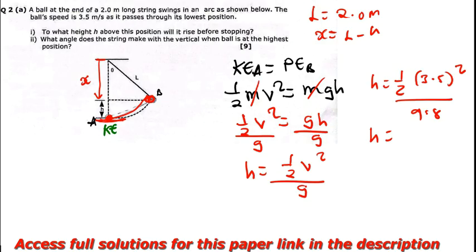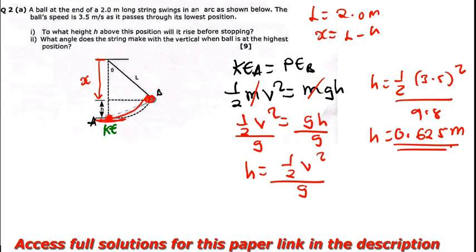So I'm getting my h to be 0.625 meters. If you want, you can round it off. It's okay, that is just fine. So that's the answer for the first part.